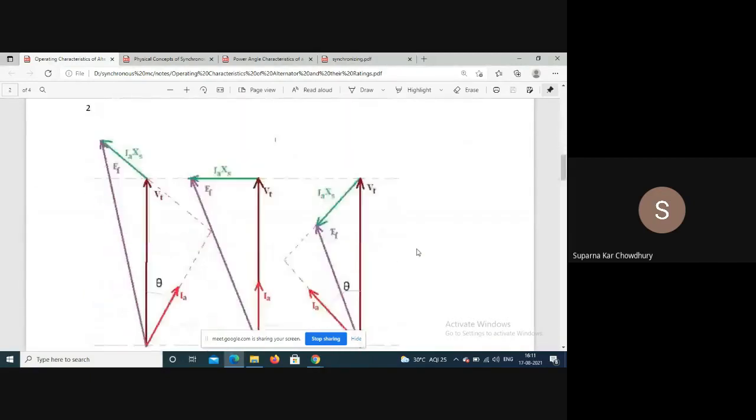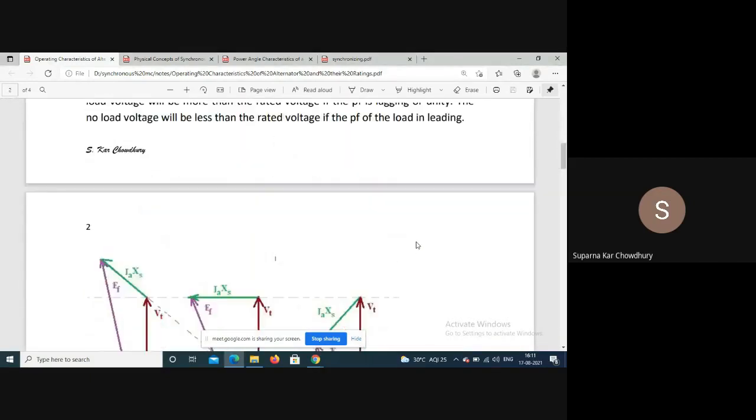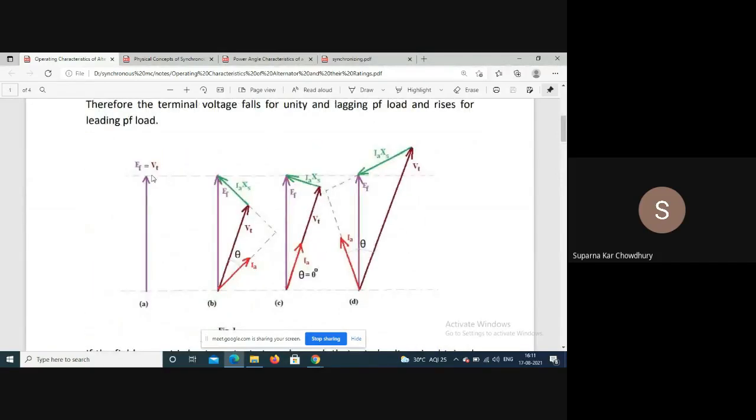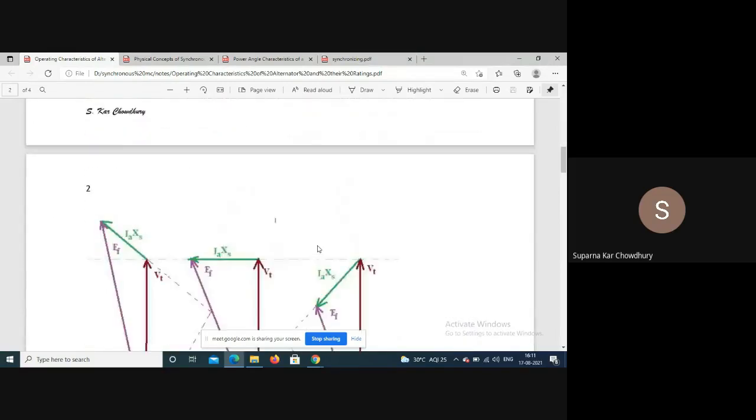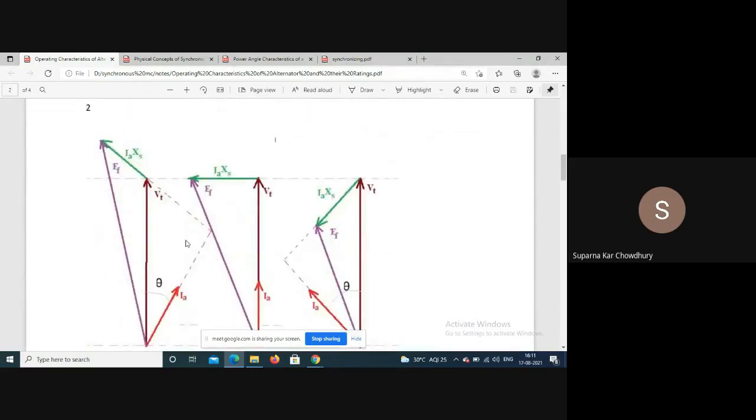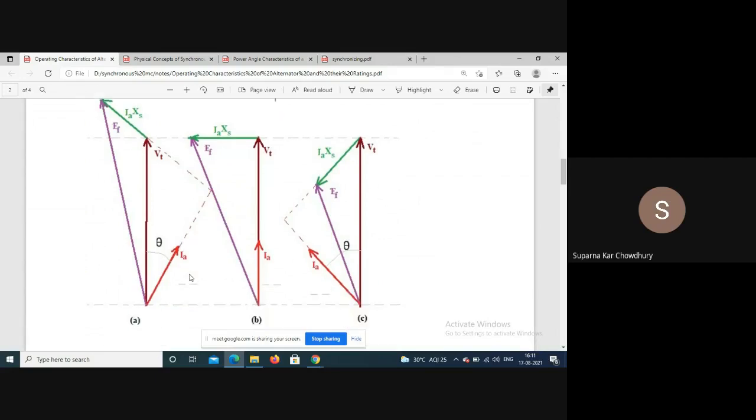In the same figure, I have kept the excitation constant such that rated voltage is obtained at no load. Instead of that, if the excitation is adjusted such that rated voltage is obtained at rated current, whatever be the power factor angle, in that case, what will happen?